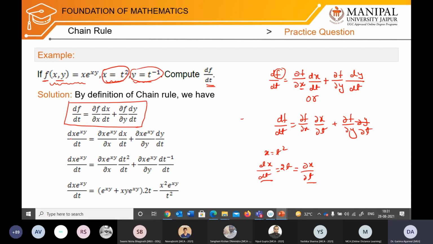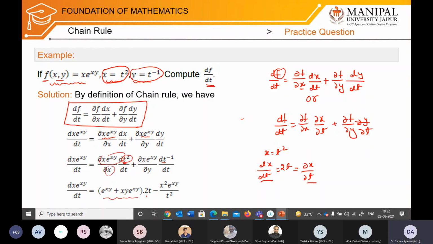So how can we find df by dt? Just write the value of f and x. So the value of f is x e raised to xy, right? Then the value of x is t square, the value of y is t inverse. And then partially differentiate this term with respect to x.